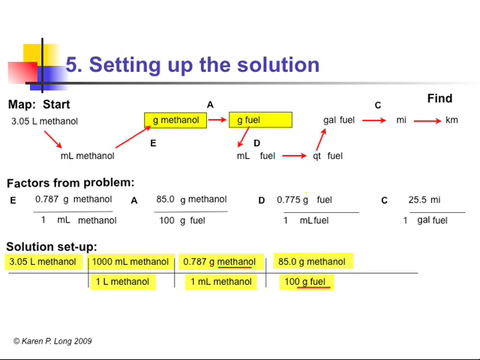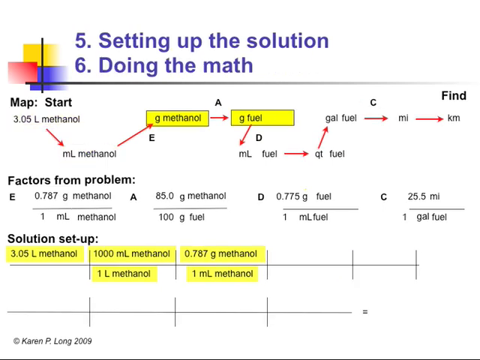But we need to check our units. We have a problem here. In the setup, we do not have a cancellation between grams of methanol and grams of fuel. Those are different substances. We made a mistake putting in the factor in the way we did. We need to take it out. Now we'll put it in upside down.